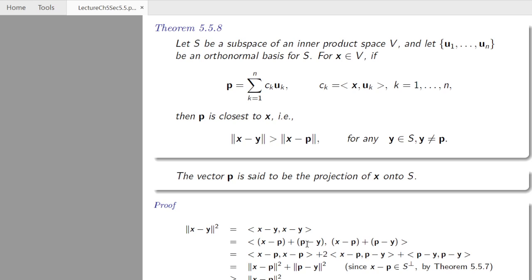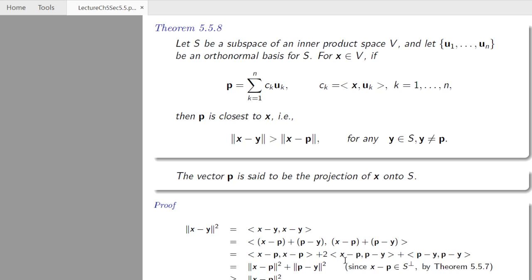Then p minus y with itself. The first inner product equals the square of the norm of x minus p. The last term is the square of the norm of p minus y.